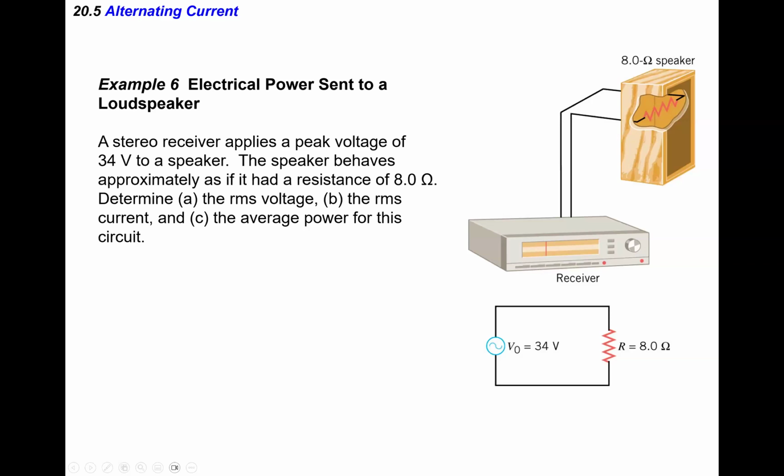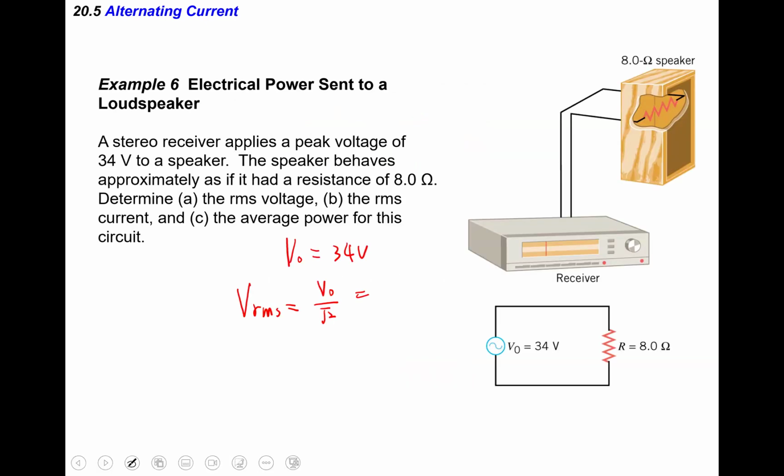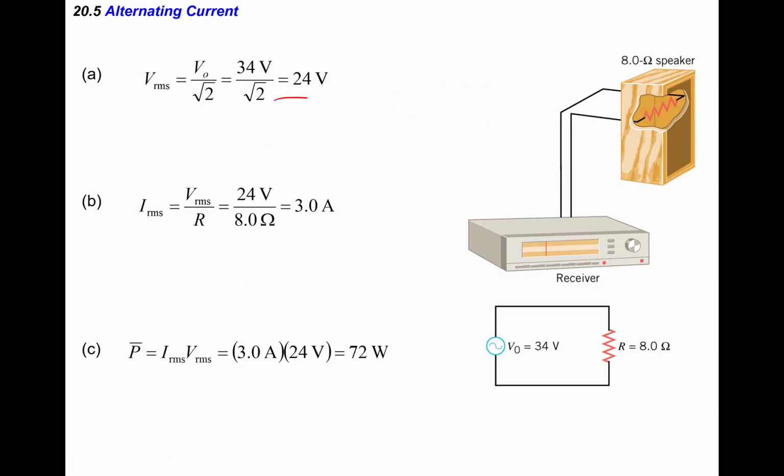Then we have this example: a stereo receiver applies a peak voltage of 34 volts. If you have peak voltage, that's your V0, which is 34. Your V RMS should be equal to V0 over square root of 2, and you are going to get 24 volts.